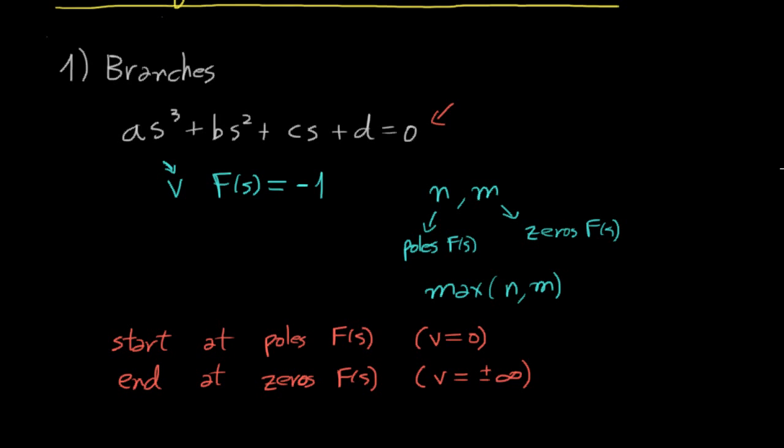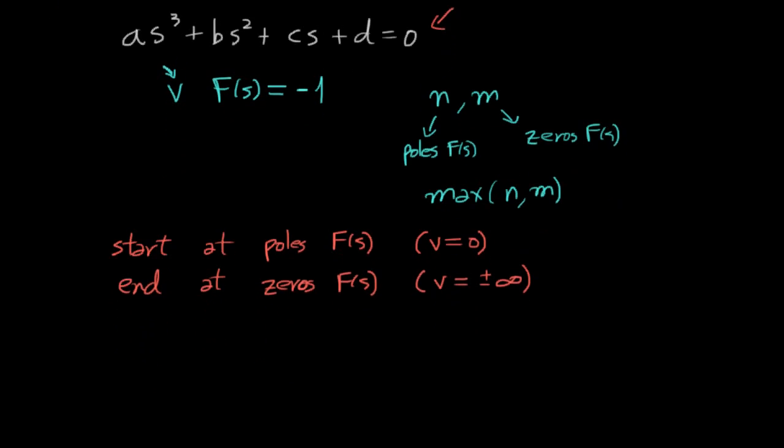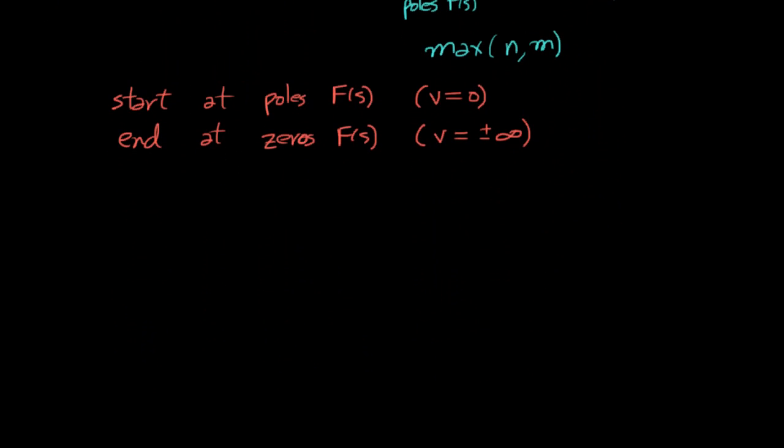But what happens when there is a different number of poles and zeros? In that case, the root locus can start or end in poles or zeros at infinity. For example, if f of s has more finite poles than zeros, such as in this case v times s plus 2 over s times s plus 1 times s plus 3.